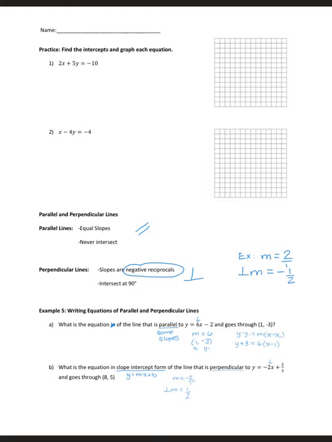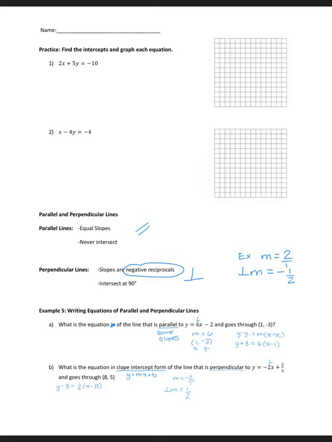So I have the slope, I have a point, I can start off in point slope form. So I'd have y minus 5 is equal to 1/2 times x minus 8. But it says it wants it in slope-intercept form. So we have to do a little bit of math here.